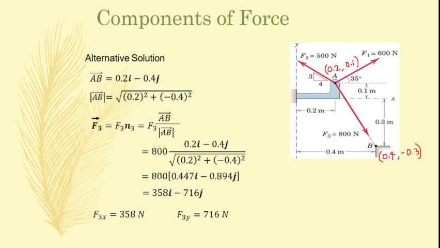That is why we did in this form, and we get the vector form of this force, that is for 800 Newton is this one, and automatically we can say the x component of this force is 358 Newton and y component of this force is 716 Newton.